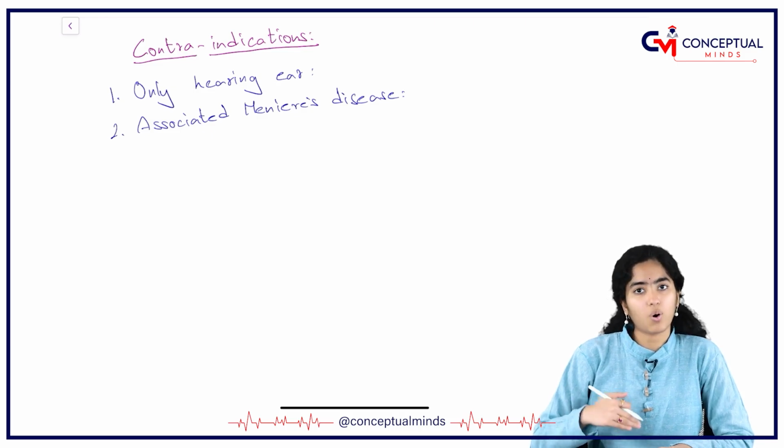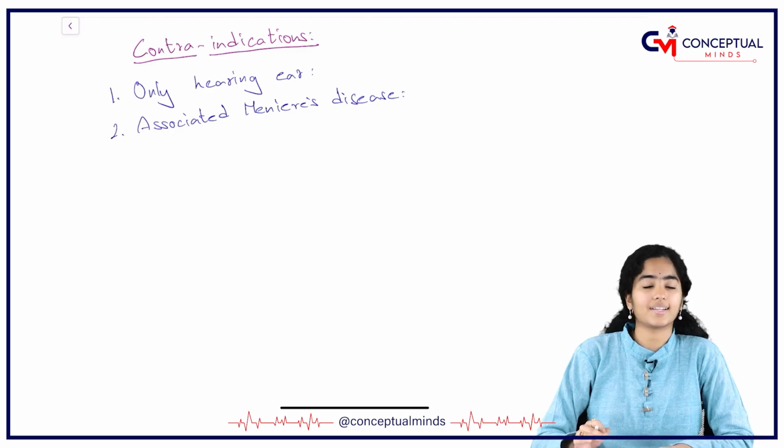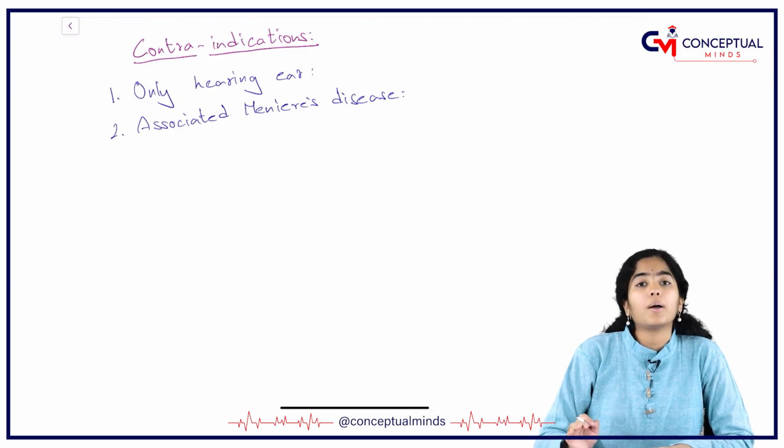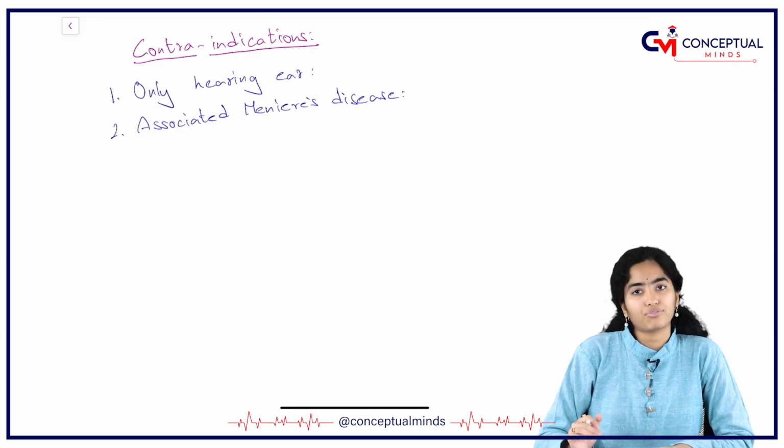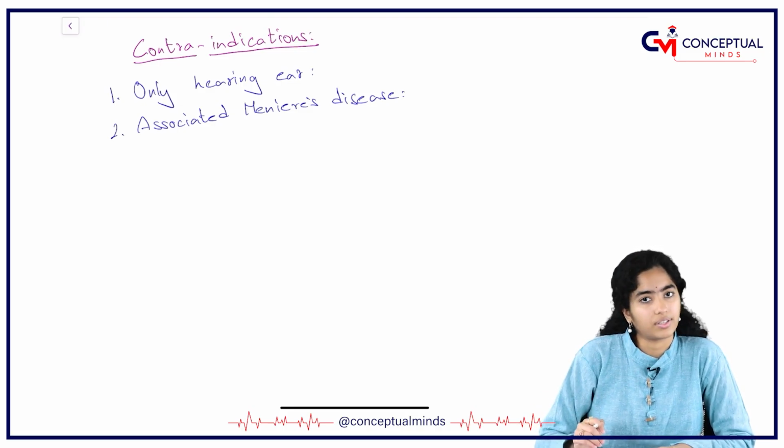In fact, we have to ask the patient if he has dizziness and vertigo episodes, to rule out Meniere's disease. What happens in case of Meniere's disease if stapedectomy is done? There are more chances of sensory neural hearing loss after stapedectomy. Until now, only conductive hearing loss was there. Now, after you do stapedectomy, it will result in sensory neural type of hearing loss.